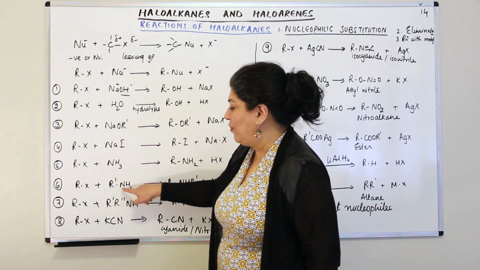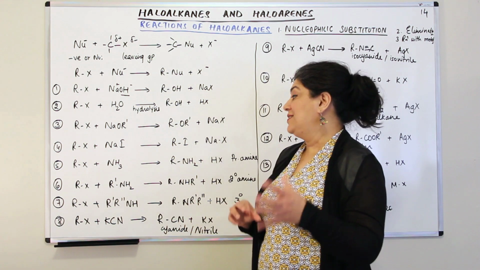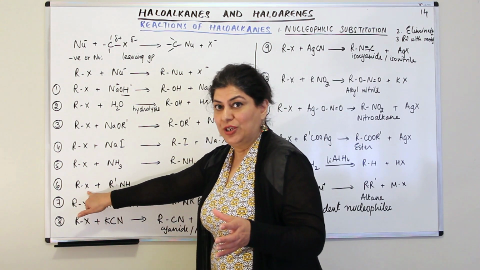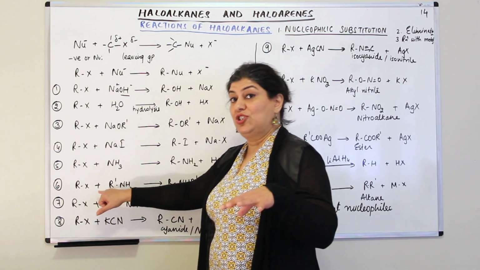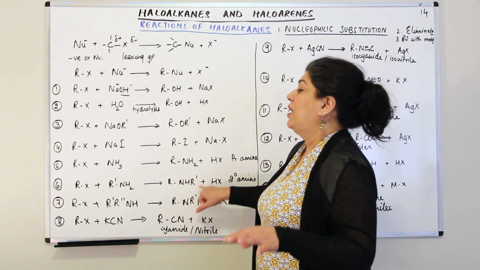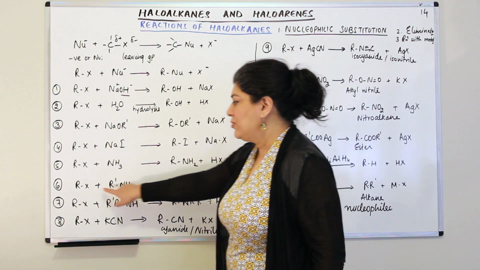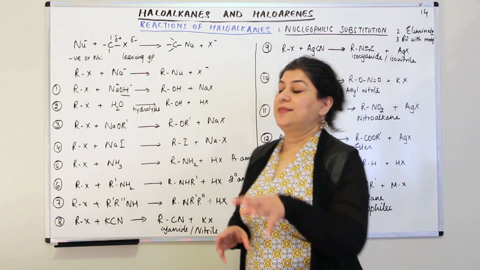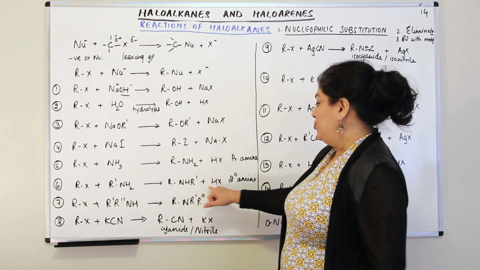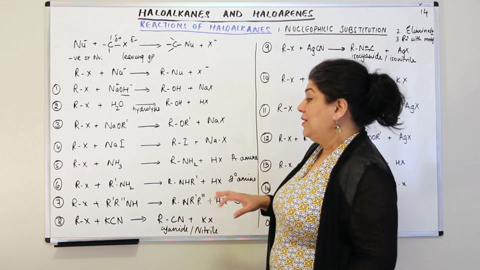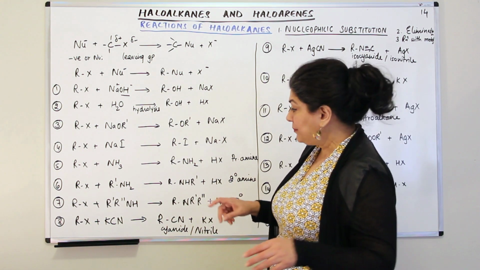Another hydrogen of the NH2 group combines with the halogen, it leads to nucleophilic substitution, and you get R-NH-R'. This hydrogen combines with the halogen and this group joins as the nucleophile, and you get HX. So this gives you a secondary amine. Did you understand what happened here?